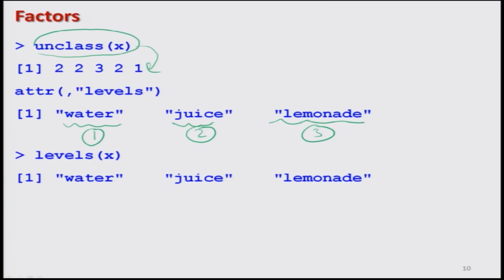Right. And if you want to know what are the labels in this data, you can use the command labels of x, and it is giving you the same outcome which is given over here. So, let us try to do this over the R console and see what happens.